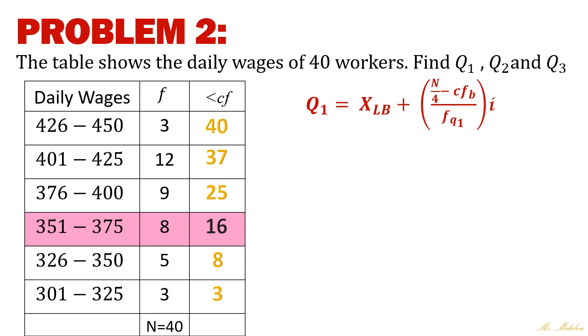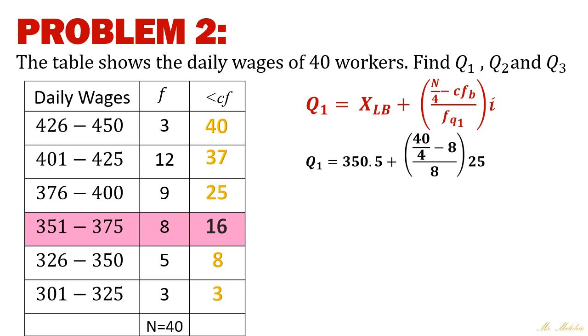Okay, and now let us identify. Get your sketch papers with you. Identify or gather the data for your lower boundary, your n, your cumulative frequency before the frequency of your Q1 class, and your class size, class width or class interval, specifically your i. Here I'm going to substitute everything already.